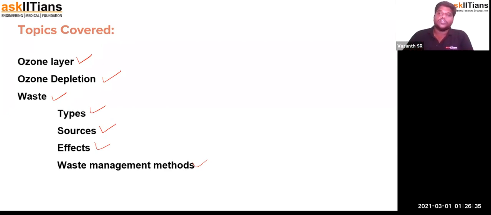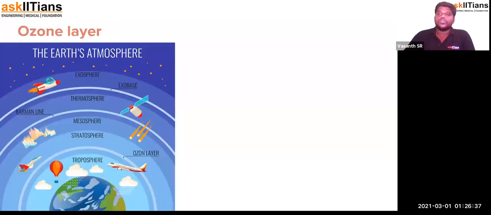Let's jump into the first topic, which is the ozone layer. The ozone layer is a layer of gas which is O3. Usually the stable oxygen molecule is O2. Upon the union of another oxygen atom with an already existing oxygen molecule, it forms O3.